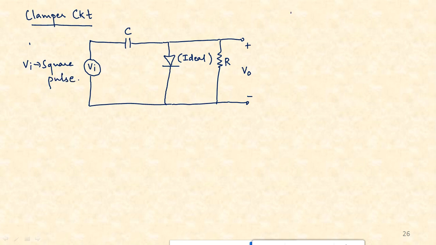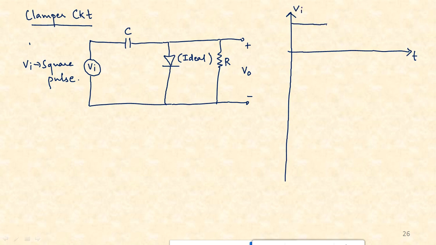So let's go with the waveform. That's the input and its shape is a square pulse. Let us consider its amplitude to be plus Vm, and during the negative half cycle let it be minus Vm.